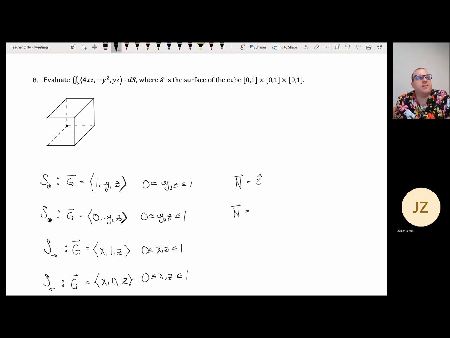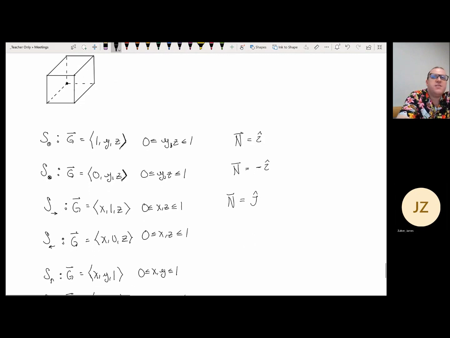For the back facing, well, now just imagine that that was the back of the cube. Be negative i hat, wouldn't it? The right facing, right? The arguments are going to be the same. You're going to have j hat.